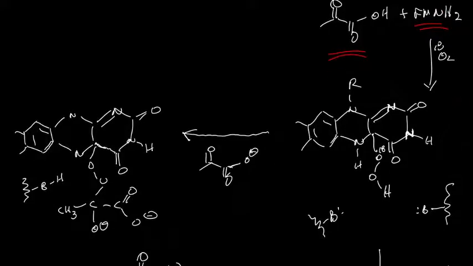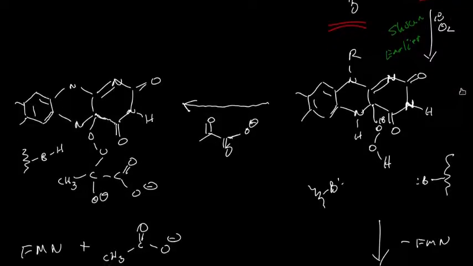Then when oxygen 18 comes in, it reacts with the FMN. This was shown earlier when we talked about redox reactions, so you can go back and watch the video on that.